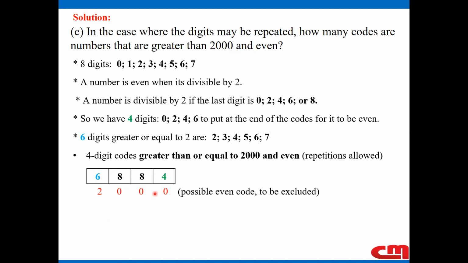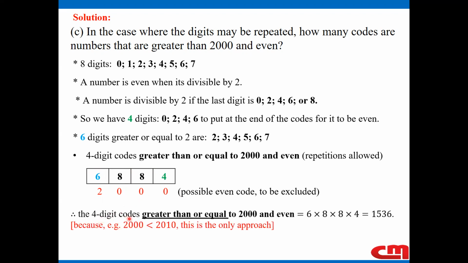So we need to remove this at the end because it is included. The 4-digit codes greater than or equal to 2000 and even, we obtain them by multiplying 6 times 8 times 8 times 4, which is what I have here, and this is the reduced number, 1536.